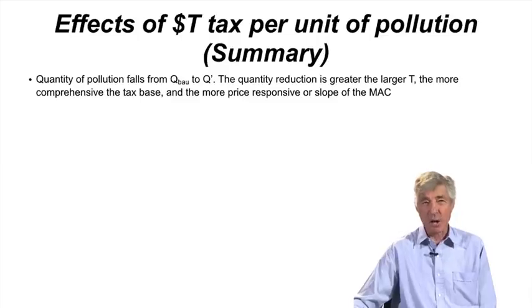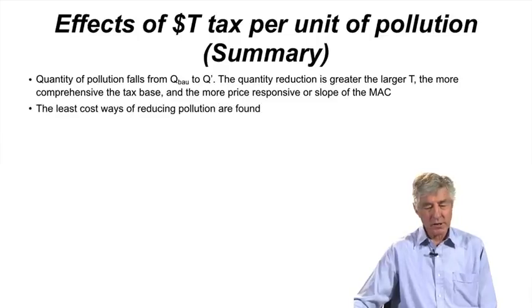If we have every type of pollution in it, then it's going to be easier to respond. It's going to find the least cost ways of reducing pollution. Remember that the low-hanging fruit decided, I will change my ways and avoid the tax. The more expensive items said, no, I will pay the tax and keep polluting.